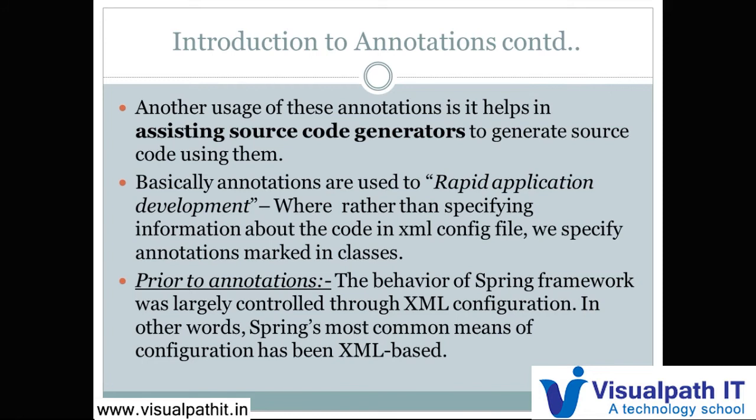We need to note here that our annotation configuration will be overwritten by the XML configuration. If the XML configuration has the same configuration that is also provided in the annotation, the annotation configuration will be overwritten.